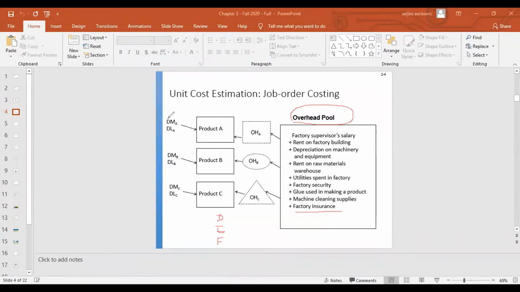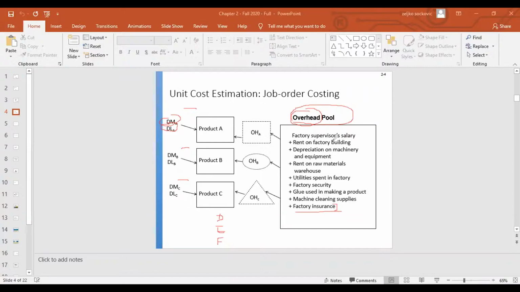It's easy to assign direct materials and direct labor. That's easy because you know exactly how much product A will use, product B will use, product C will use. But how do you assign overhead? How do you assign this factory insurance? Well, you cannot assign it easily. So you put it into one big pool, bucket, right? Overhead pool.